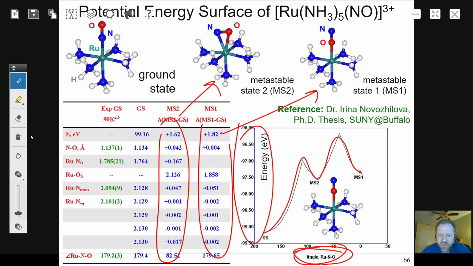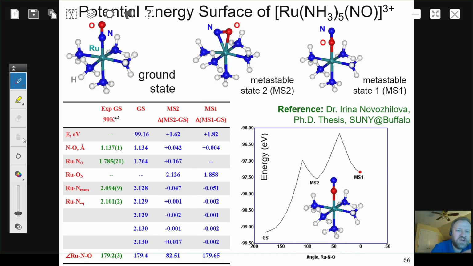And in this case, reaction coordinate is the angle ruthenium, nitrogen, oxygen. So again, it is this angle right here, ruthenium, nitrogen, oxygen. Again, it is at 180 degrees, essentially a straight line in ground state, but it changes to 83 degrees in metastable state 2.